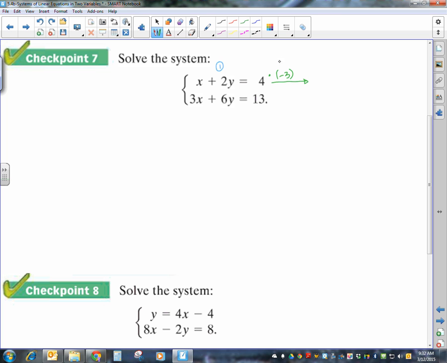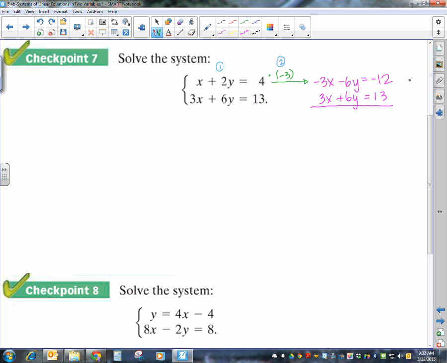That's step 2 where we figured out what we have to multiply by. And when I multiply this by negative 3, I'm going to get negative 3x minus 6y equals negative 12. That bottom one I'm not multiplying by anything, so 3x plus 6y equals 13.